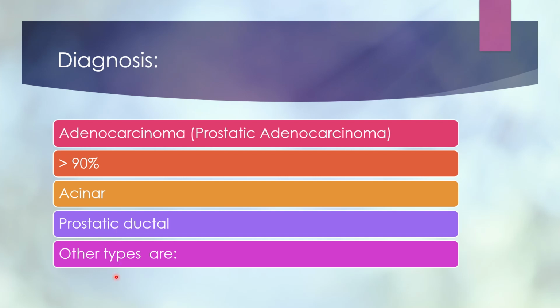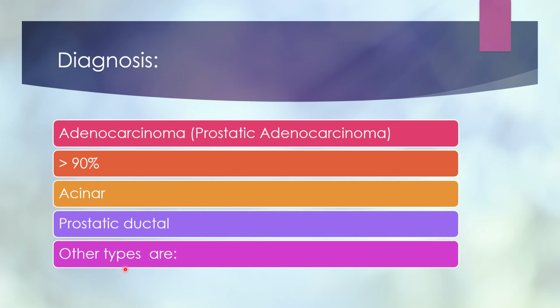Now, other types of prostatic cancer could be squamous cell carcinoma of the prostate, prostate sarcoma, transitional cell carcinoma. Remember, I have gone through transitional zone density the other time, the part of the prostate gland around the urethra.